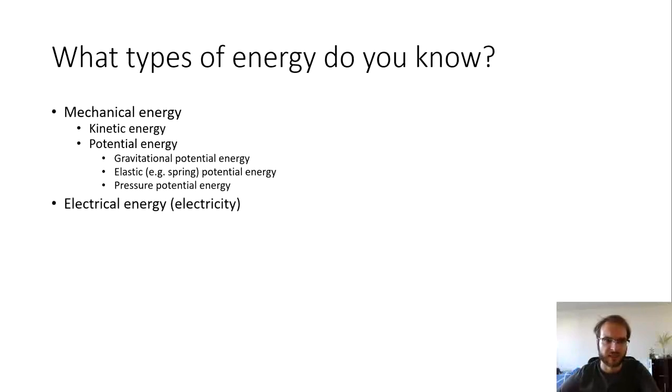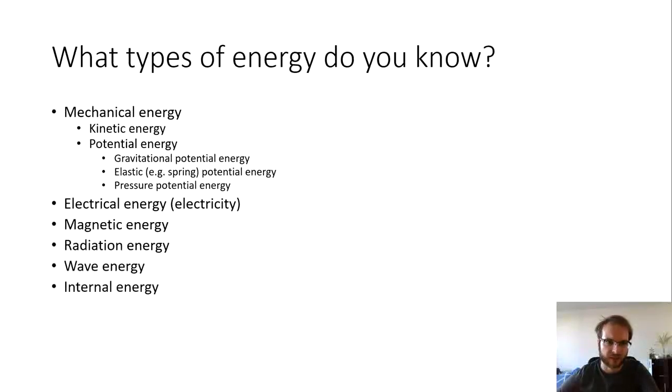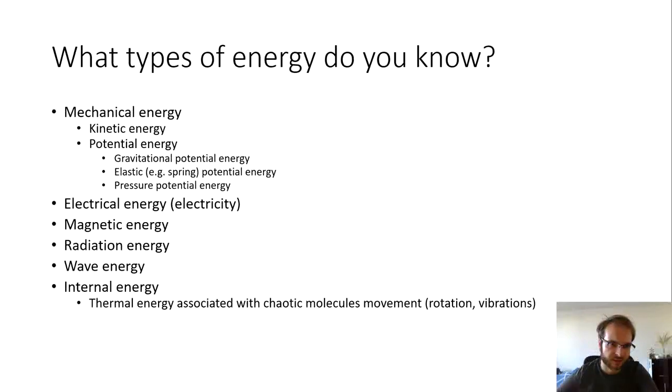Then for other types of energy we can have, of course, electrical energy, so-called electricity, magnetic energy, radiation energy, and we can go on, for example, to internal energy, where internal energy further can be classified as energy as heat, nuclear energy of the bonds within the atoms, or chemical energy, which are chemical bonds between atoms or molecules.